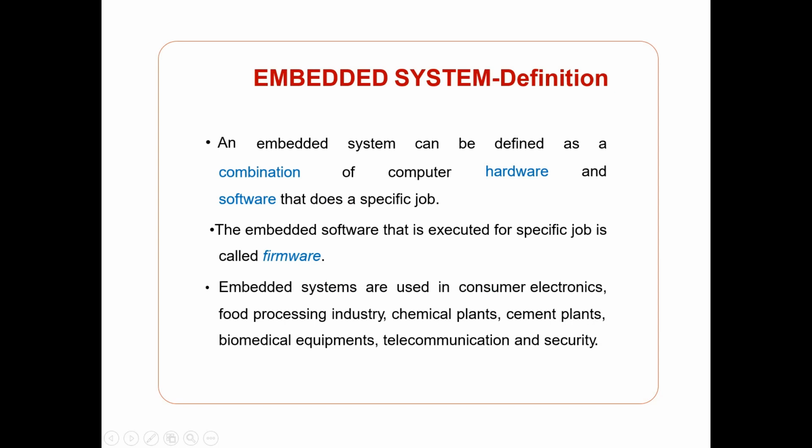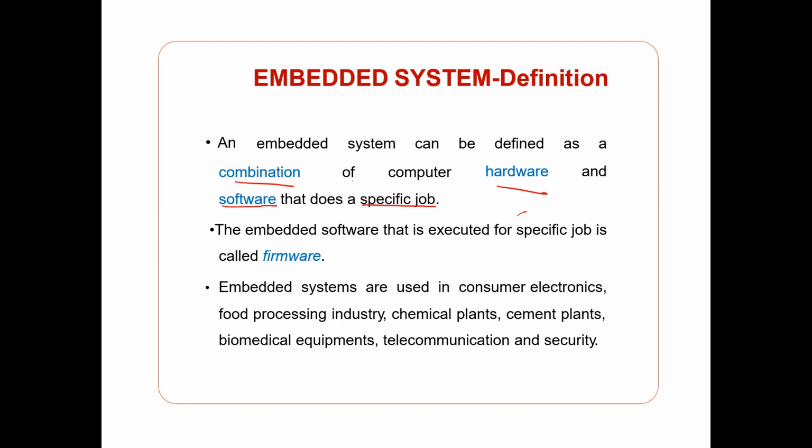When we go for the definition, an embedded system is defined as the combination of hardware as well as software. So both hardware and software are present in an embedded system, combined for the purpose of performing a specific job.